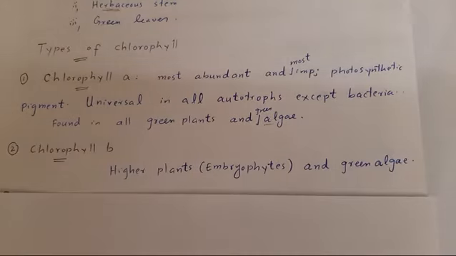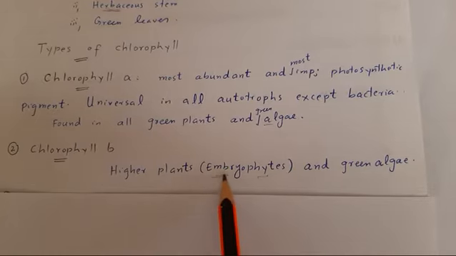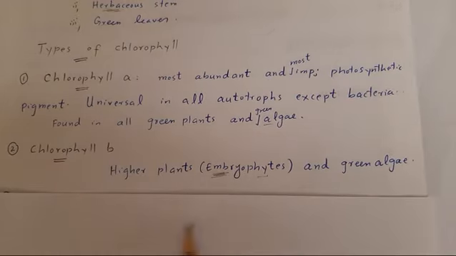The second type of chlorophyll is chlorophyll B. It is found in higher plants, that is embryophytes. The word phyte means plant and embryo means a multicellular organism in early stages of development, so embryophytes means embryo-forming plants.